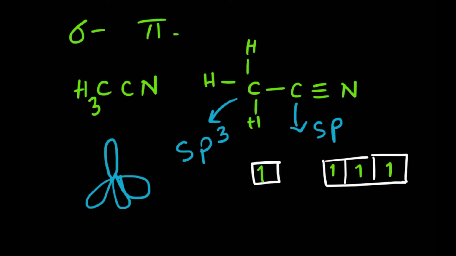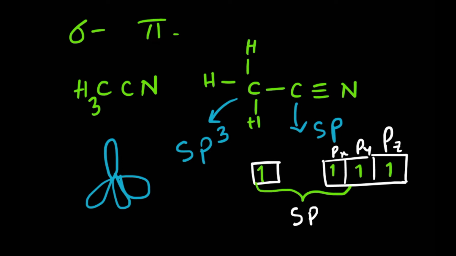Here there are 2 pi bonds and 1 sigma bond, so how is this made possible? It is sp hybridized, and the two remaining p atomic orbitals are, say, py and pz, if the sp orbitals lie along px.